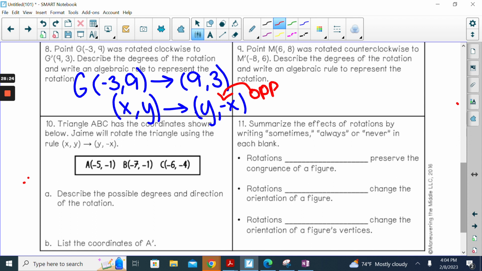So you could have said 90 degrees clockwise, which would also have been 270 counterclockwise. All right.